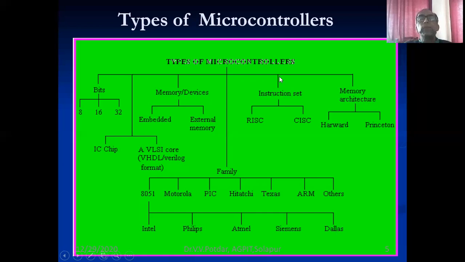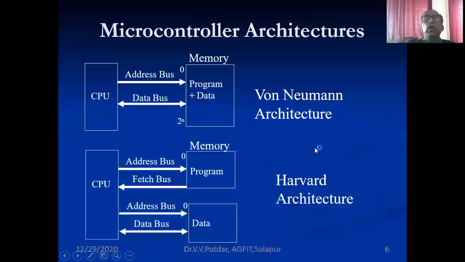Then based on instruction sets, there is one category, the RISC instruction set, and the CISC instruction set. Then for memory architecture, Harvard type memory architecture is one type of microcontroller, and Princeton type memory architecture is another type of microcontroller.